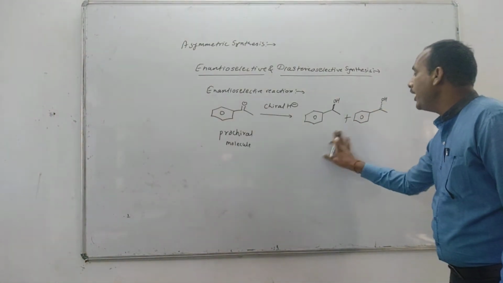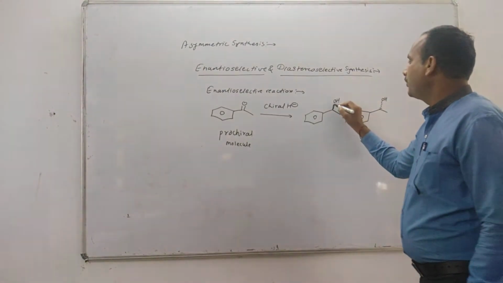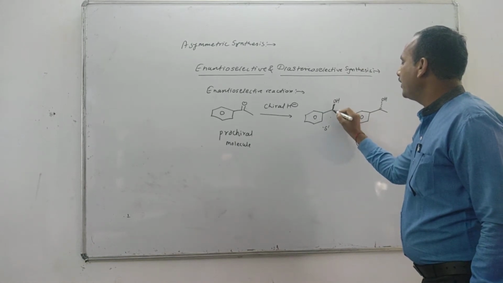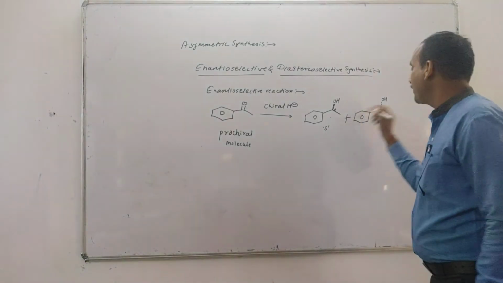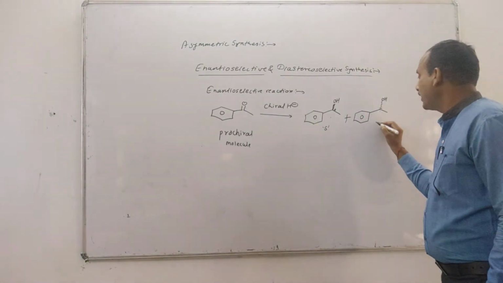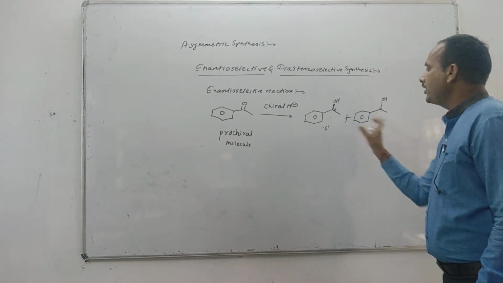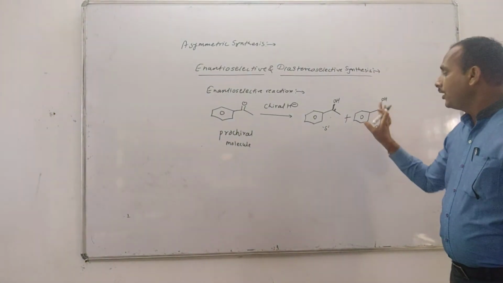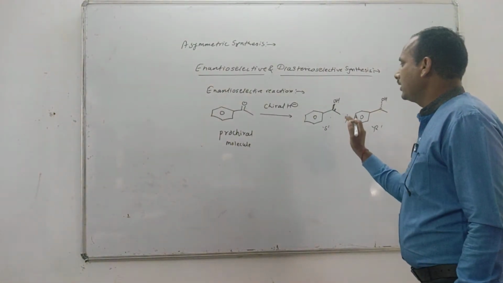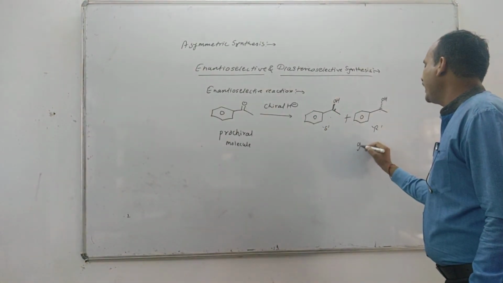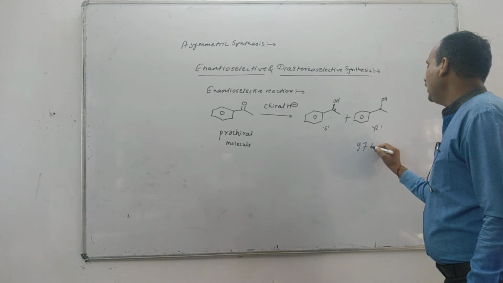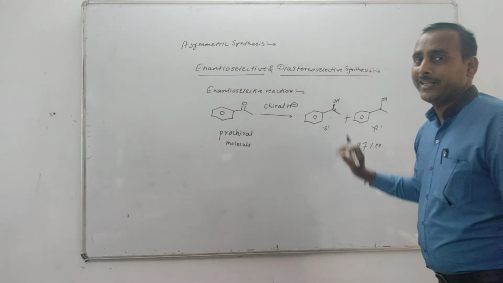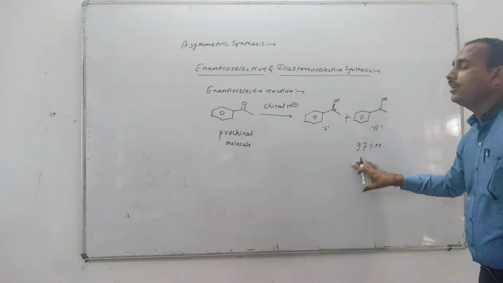So these two products are enantiomers of each other. Suppose this carbon is a chiral carbon with S configuration, and this other carbon is also chiral with R configuration. So these are enantiomers, one isomer S and another R. If we use a CBS reagent, it gives 97% EE, meaning this product is obtained in enantiomerically excess form.